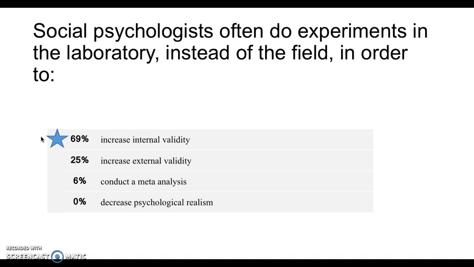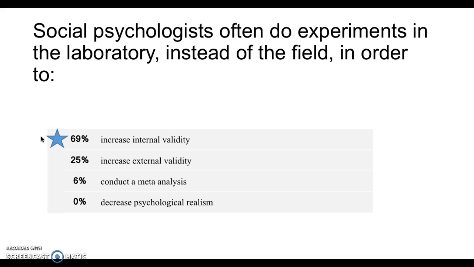So, for example, if I wanted to do a study about jealousy, I could bring my participants into the lab and make them jealous over something very specific that I have picked out. And that would mean that I have a lot of control over what they're getting jealous about, when they're exposed to the stimuli, and I can record their responses a lot more accurately than if they were just out in the real world getting jealous about whatever people normally get jealous about.